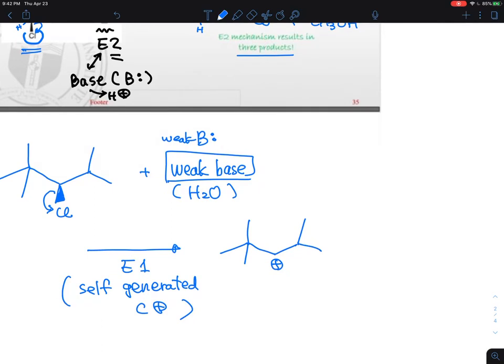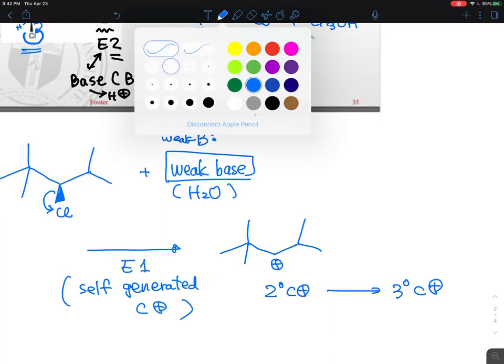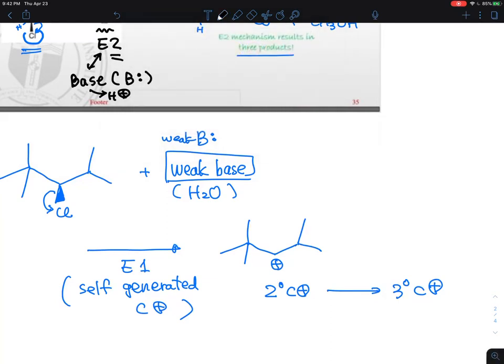And when you see the carbocation, and this is a secondary carbocation, you always ask the question, can I make it into a tertiary carbocation? And the answer is yes here. If you look here, there is some hydrogen supposed to be there, and this one is all saturated, so there will be a methyl. So this is a case where when this one moves to here and makes a bond, it's a hydride shift.